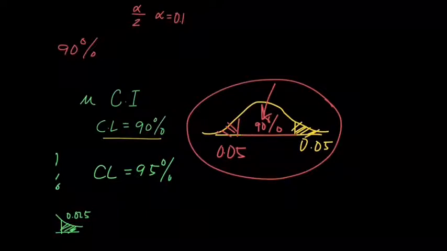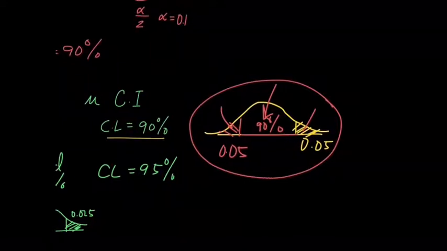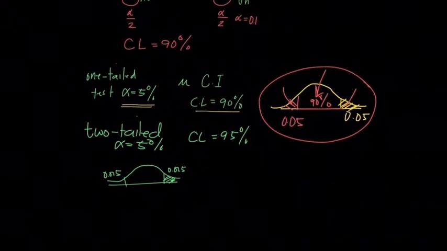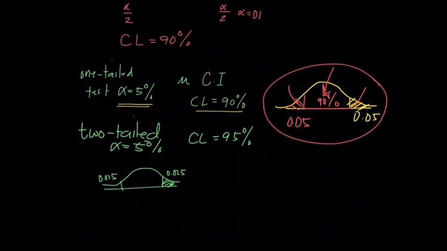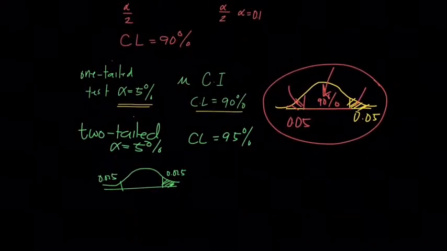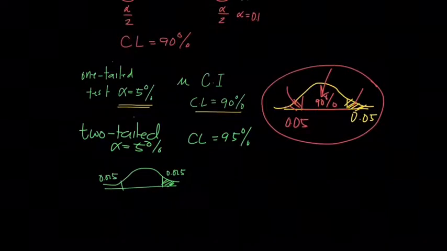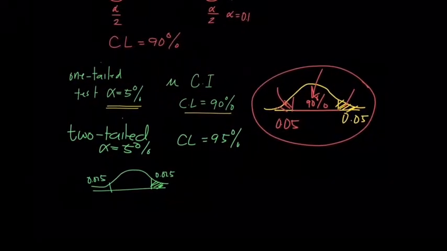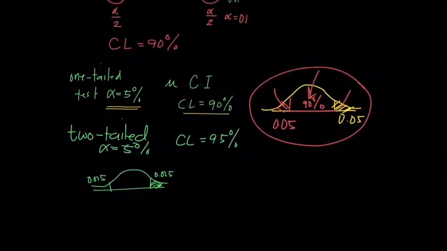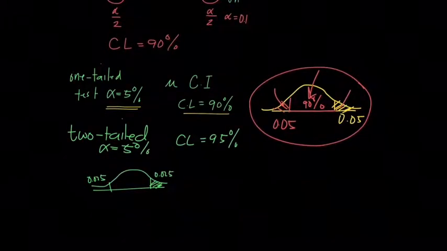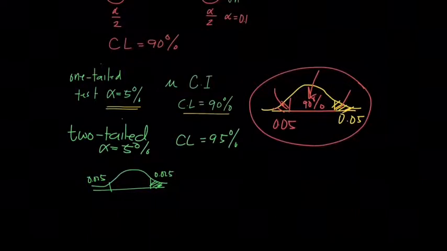Because if we take away these two values, a total of 10%, the remaining is 90%. Okay, so I hope that you were able to see that important relationship. If you have a one-tailed test to do, but you decided to use a confidence interval, you can go straight to using a 90% confidence interval to estimate the value for the mean in the given one-tailed test.